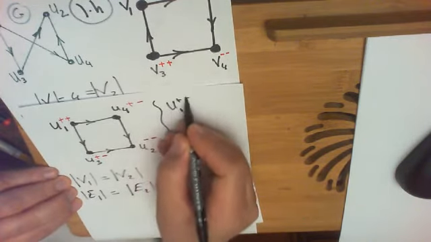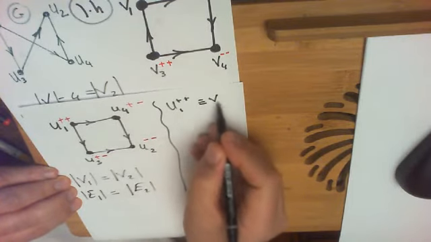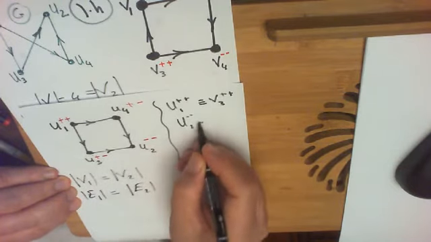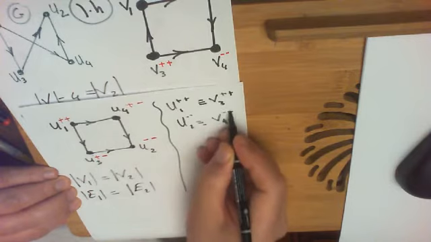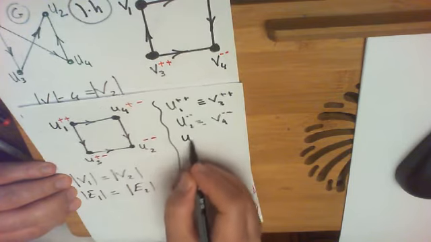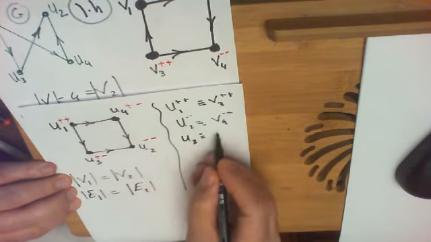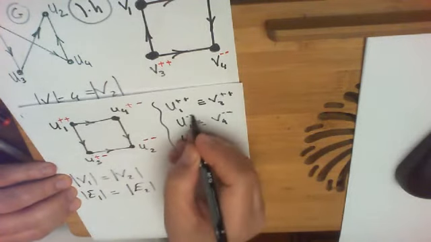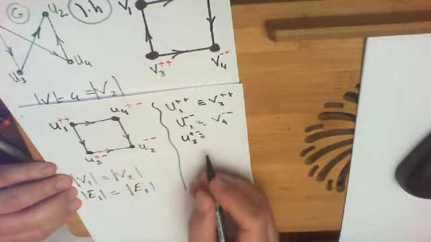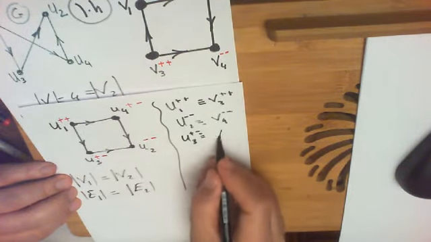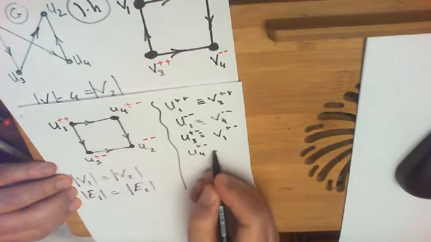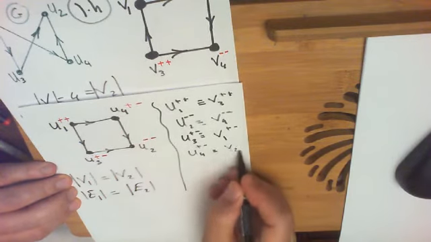U1 plus plus, V3 plus plus, U2 minus minus, V4 minus minus, U3 plus minus, and for example V1 plus minus, U4 plus minus, V2 plus minus.